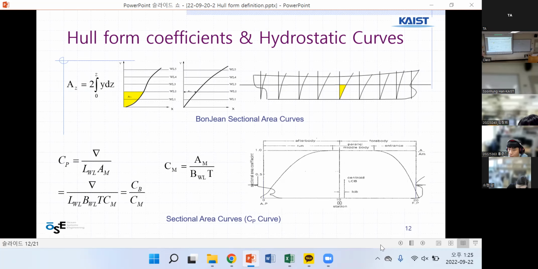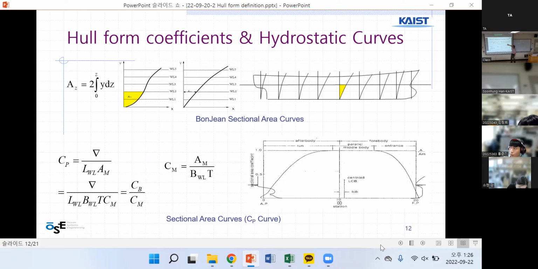Bonjean is a personal name, the sectional area curve. Cutting the ship, like a fish, at each section, we have a different sectional shape and area. This is the sectional area curve.